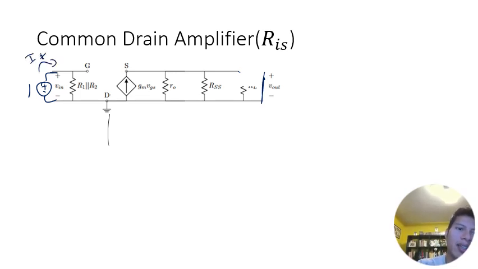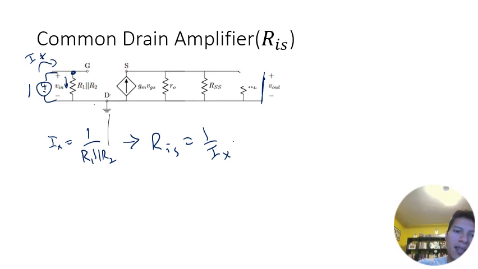In this particular case, if I plug in 1 volt here, well, IX has to flow through here. So I'm going to get that IX equals 1 over R1 in parallel to R2, which tells me that RIS will be equal to 1 over IX, which is equal to R1 in parallel to R2.